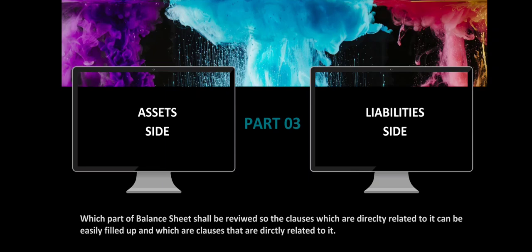If we take one example, we can take the example of closing stock. Under clause number 14, we need to enter the method of valuing closing stock. It can be entered only from the asset side, because there we have to see whether the inventory has been valued as per AS 2 or not.